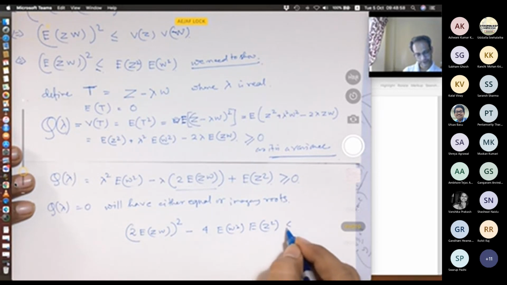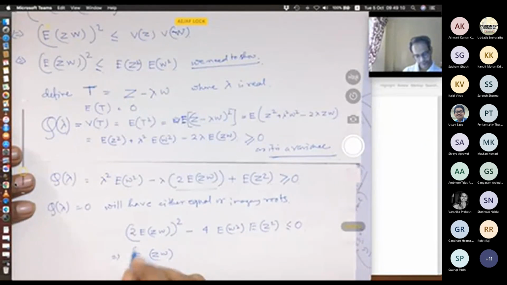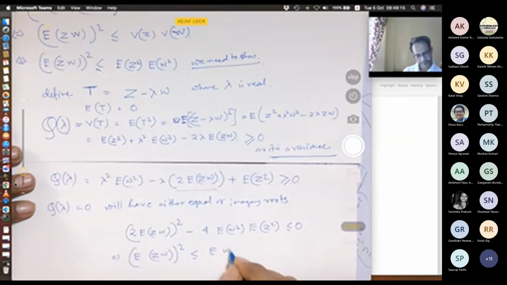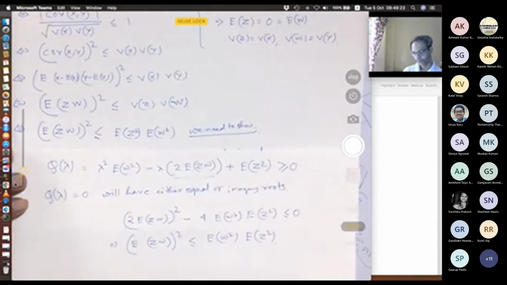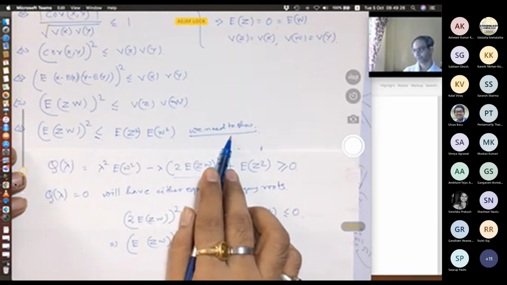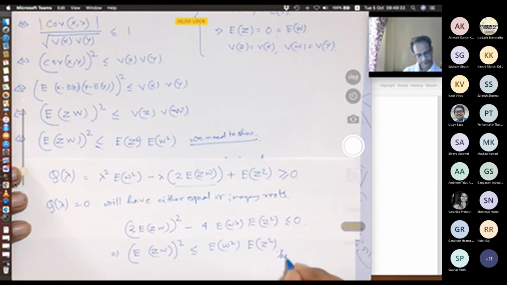This quantity is less than or equal to 0. So that implies expectation of ZW whole square is less than or equal to expectation of W square into expectation of Z square. Check. This is what we wanted to show. Okay. So hence the proof.